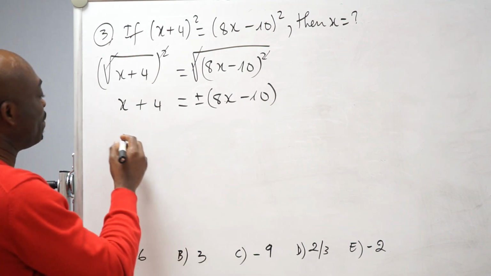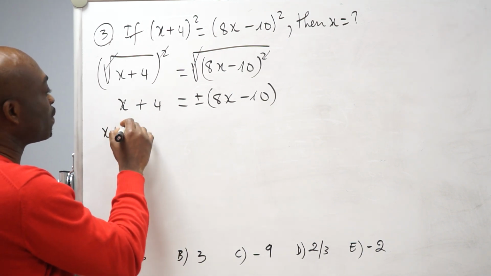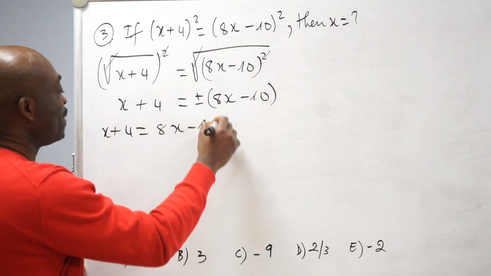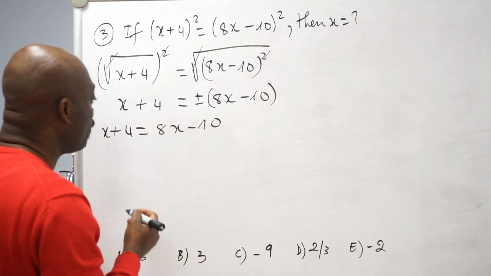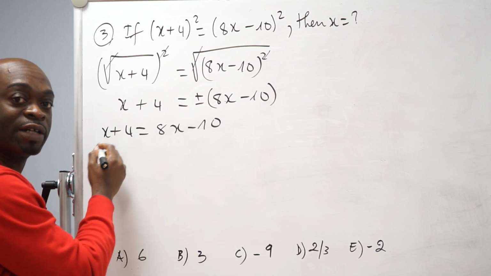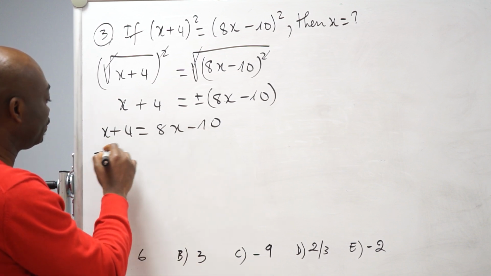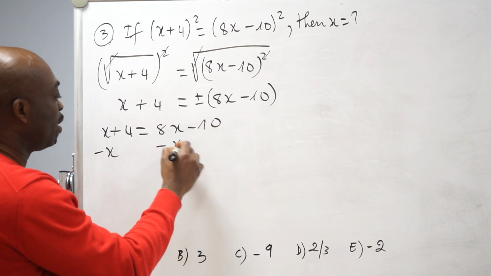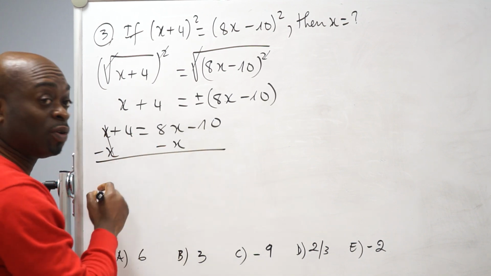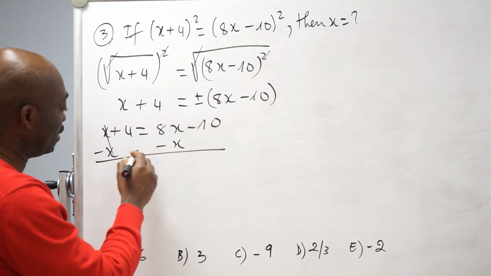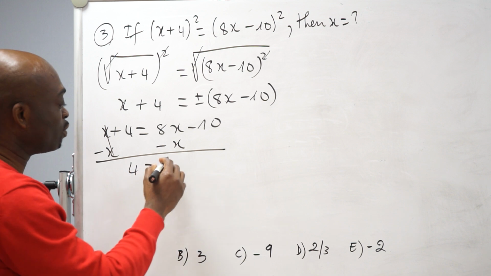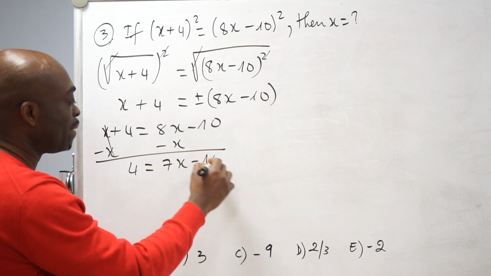So that means we have x plus 4 equals positive 8x minus 10 that we're going to solve for. Let's cancel the x and take it to the 8. I'm doing that because I want a positive variable once we have the answer for x. That gives us 8x minus 1x, which is 7x minus 10.